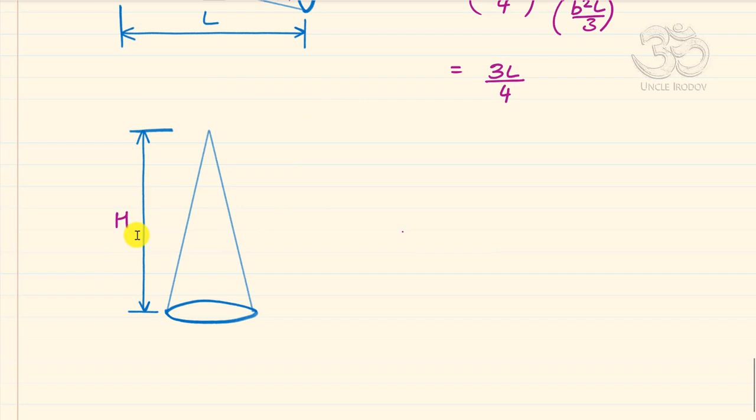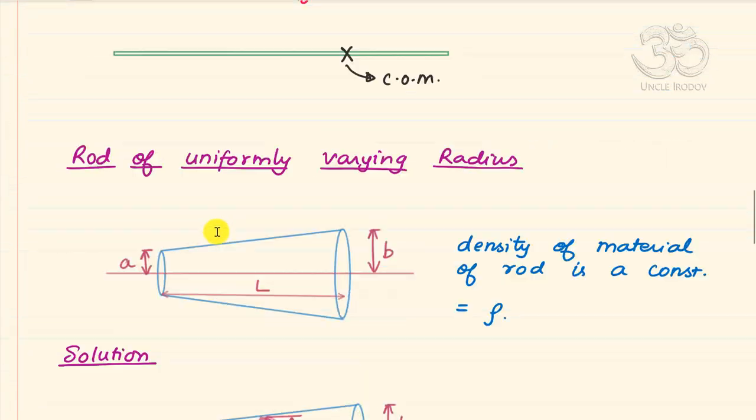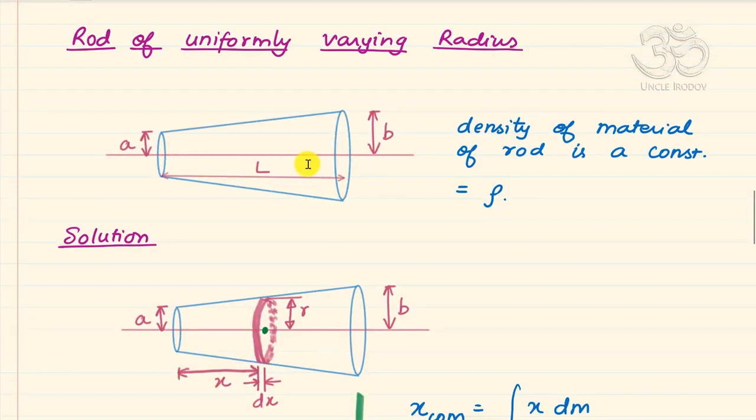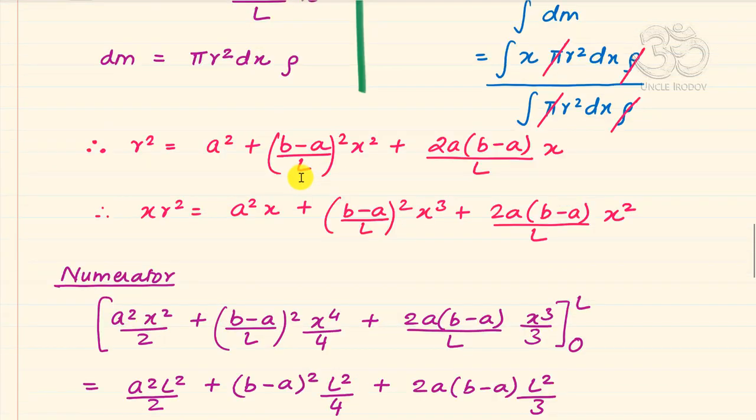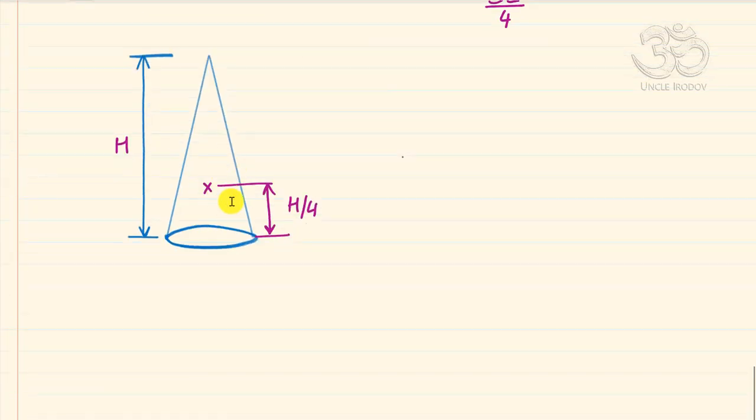Then the center of mass is going to be at a distance of h by 4 from the base, and this is a very interesting result. You should keep this in mind. We will again find it out using a different method, but that is for a later day. But for this particular non-uniform rod, which we have used here, we can find out the result, and we can extend that to find out the center of mass of a cone. Uniform solid cone, remember that.